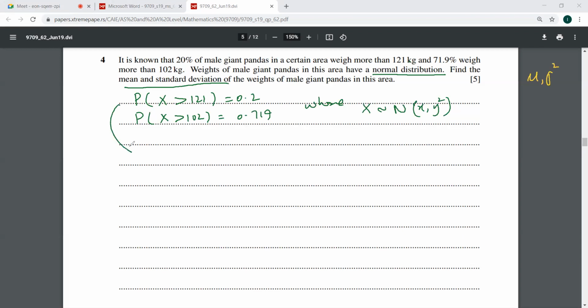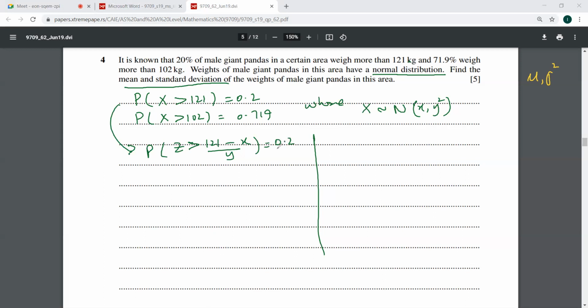Let's start solving this question. The first one would become probability that Z is greater than (121 minus x) over y, that is equal to 0.2. Let's simplify this. You see that there is a greater than sign and this probability is less than 0.2.